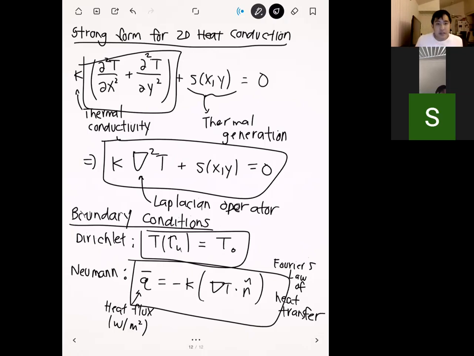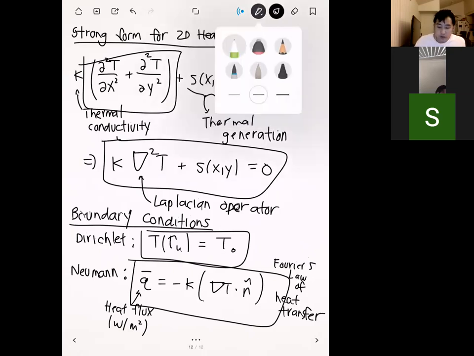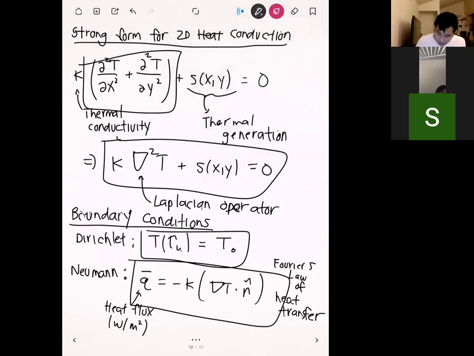What this basically is saying, by taking this dot product between these two terms, is that the heat flux, or any kind of Neumann condition, is only going to be the component of the heat flux that comes out of our domain. In other words, this denotes any heat flux that crosses our boundary.